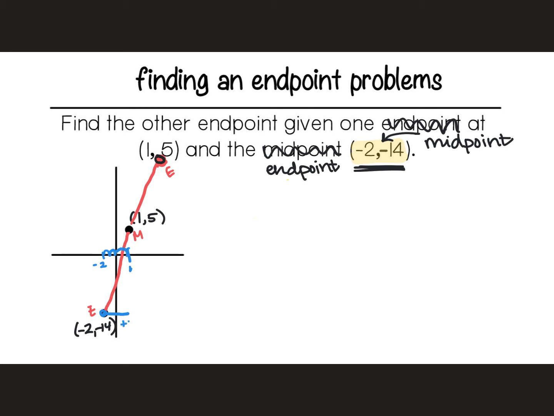I would have to move 3 spaces. So if I add 3, I can get to the midpoint x value. Then from the midpoint, if I move 3 again, I'll get to the new endpoint's x value. So if I'm starting at 1 and I add 3 to 1, that would put me at an x value of 4.